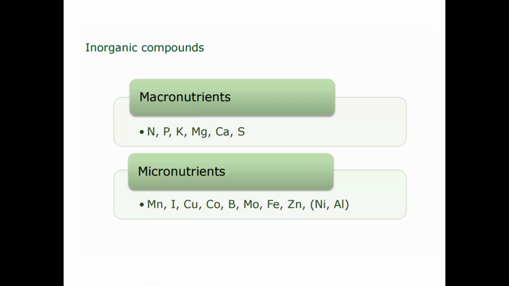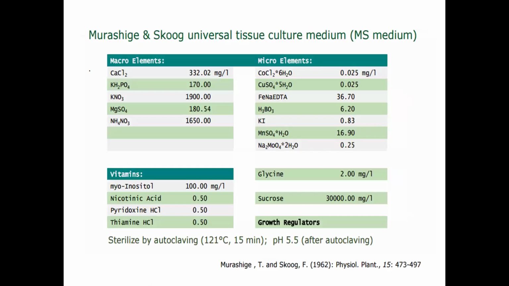So inorganic compounds here, I told you before, NPK, magnesium, calcium, sulfur, they are macronutrients, so need a larger quantity compared to the micronutrients: manganese, iodine, copper, cobalt, boron, molybdenum, iron, zinc, nickel or aluminum. Here is Murashige and Skoog, universal tissue culture medium. Here you can see they used macroelements, microelements, vitamins, and glycine, sucrose, growth regulators.